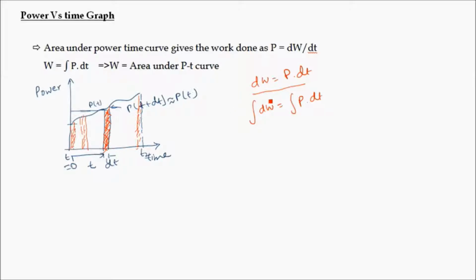So work done will be equal to the area under the P-t curve. Now how will we put the limits? For t equal to 0, the work done will be 0, while for time t, the work done will be W. So from there we get W is equal to the integral from 0 to t of P dt.